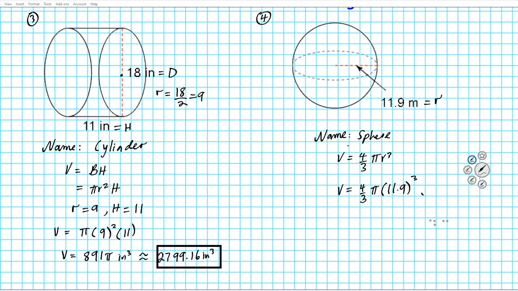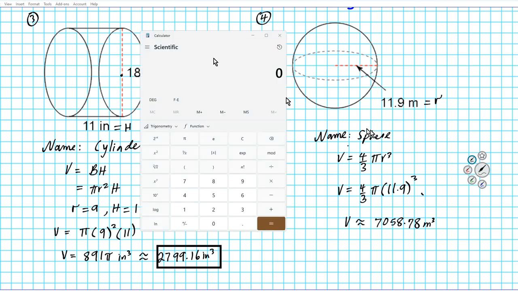And then if you plug that into your calculator, you're going to get the volume is approximately, to two decimal places, 7,058.78 meters cubed. All right, so let's just go ahead and enter it into the calculator for you to see.